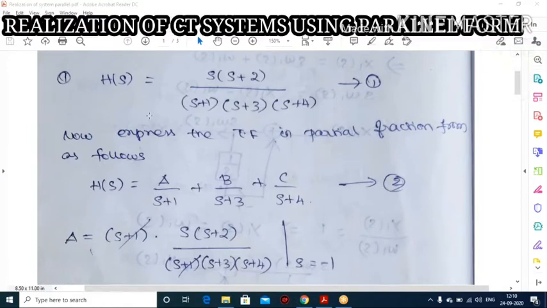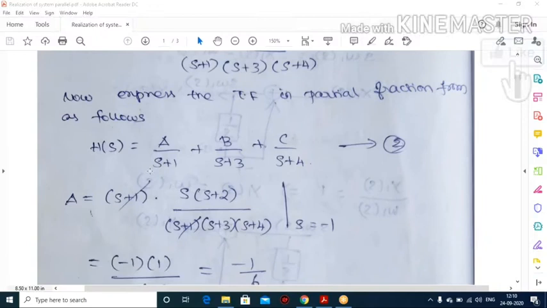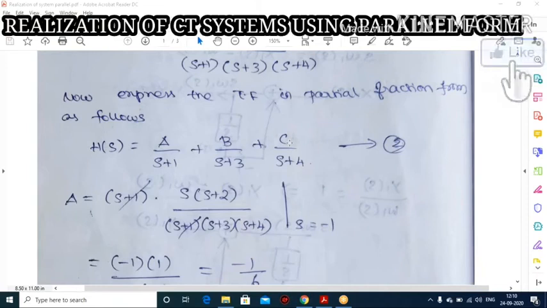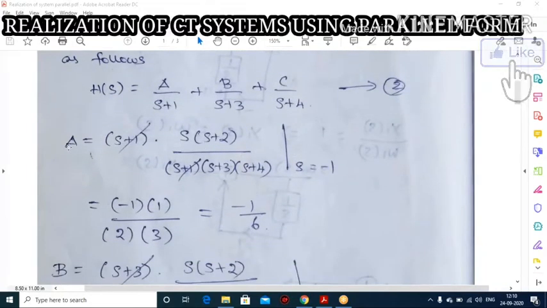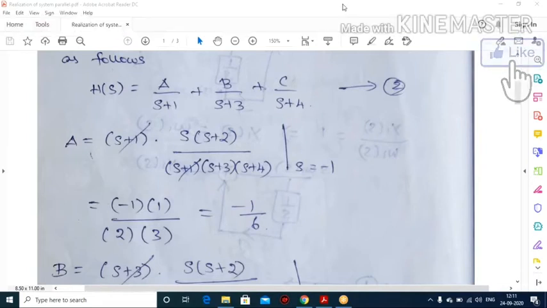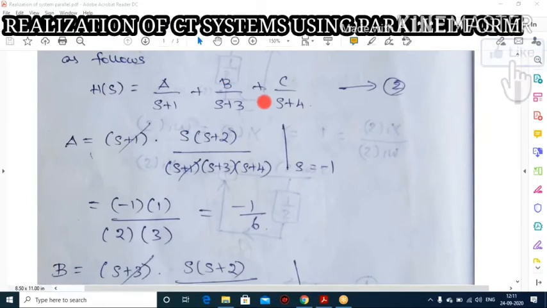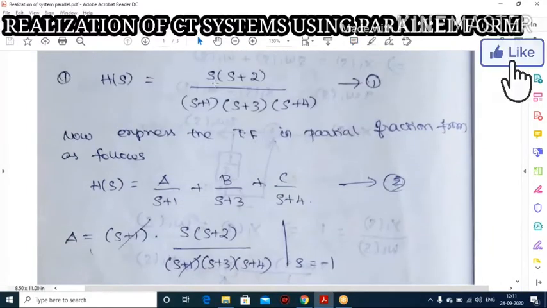So the first step is to express your transfer function in terms of the partial fraction method. Now we are going to find the values of A, B, C. You know how to calculate the A value. A equals the pole factor S plus 1 multiplied by your H of S. H of S is S into S plus 2 divided by S plus 1, S plus 3, S plus 4.